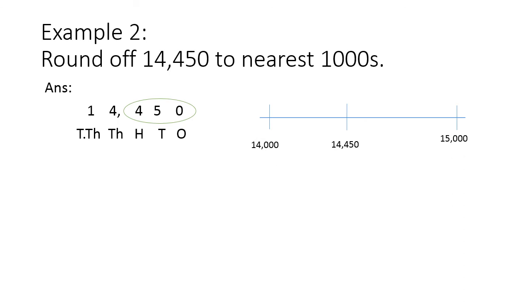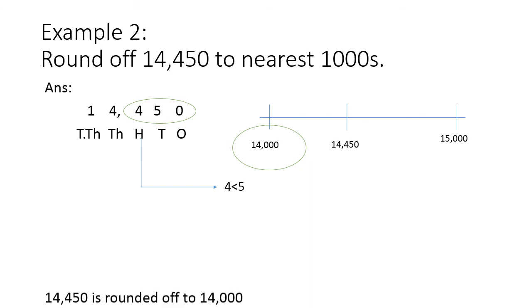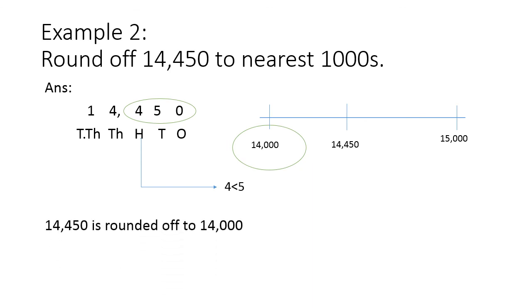Now we are going to check the place value, that is 100. Look at the circled area, 450. Here you have to check the first digit, that is the 100 place value. That is 4, less than 5. So which number do you have to choose, the lower number or the higher number? You have to choose the lower number. So 14,450 is rounded off to 14,000.